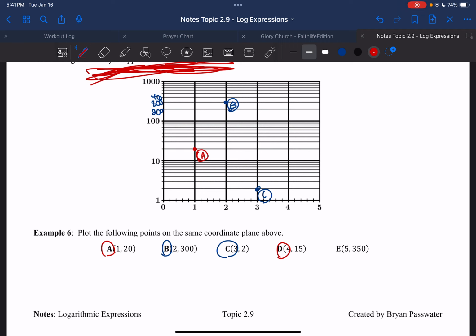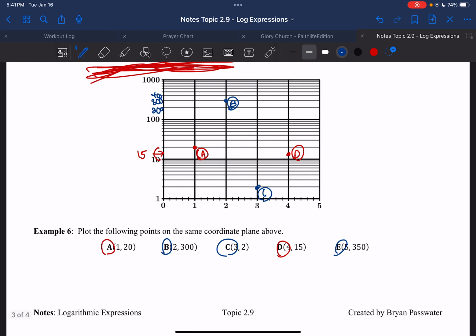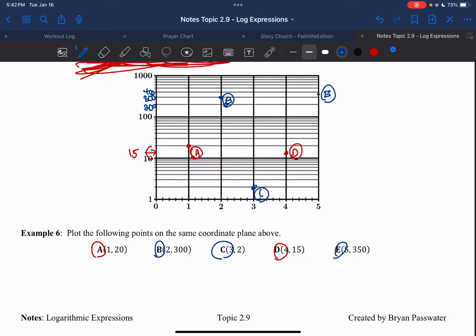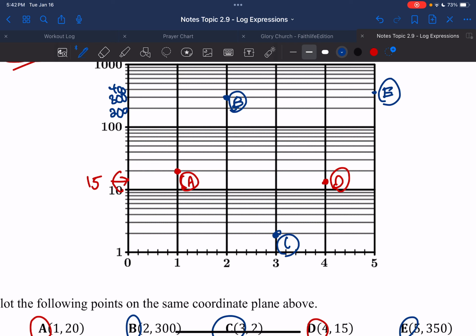So 15 is going to be halfway between 10 and 20 right here. Halfway between. So 4, 15 is going to be D right here. Okay, so you're going halfway between these lines here with them scaled like that. That's how you're finding the points. You just count the lines. So once again, the way I got 15 is this is 10, 20, 30, 40, 50.